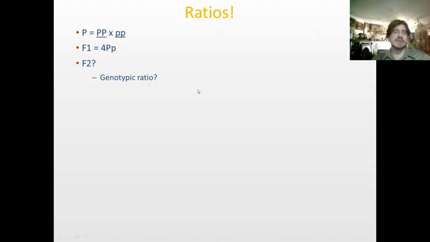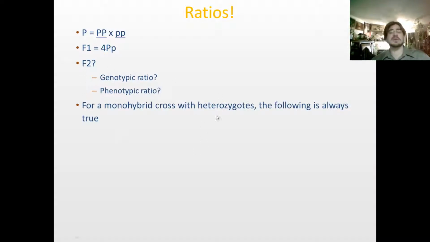And how many possible white? 1. That's right, 1. So our phenotypic ratio is 3 to 1, and our genotypic ratio was 1 homozygous dominant, 2 heterozygotes, 1 homozygous recessive. So 1 to 2 to 1 genotypic ratio, 3 to 1 phenotypic ratio.